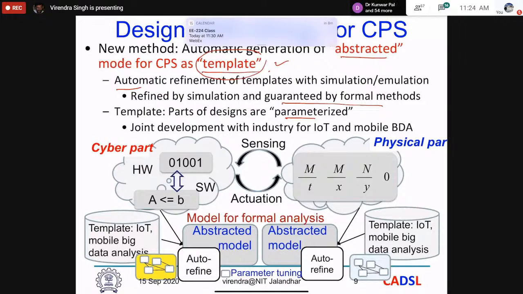However, the problem is that when I have a very big design, it may not fit into a single FPGA. If everything fits into a single FPGA, it is good. But if it doesn't fit, in that case I need to divide my design. If you need to divide your design, then it comes with additional problems.